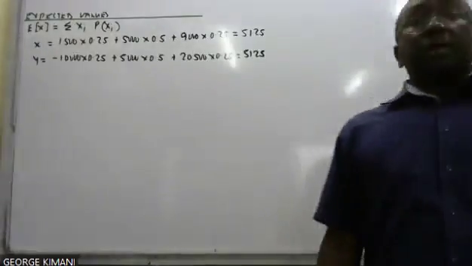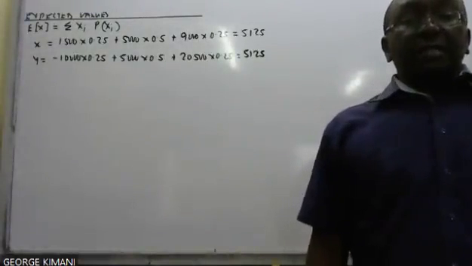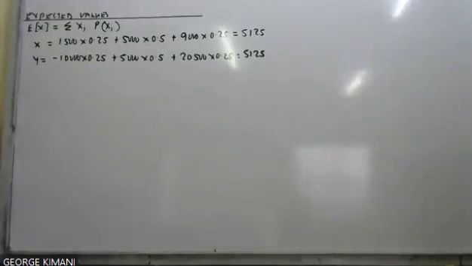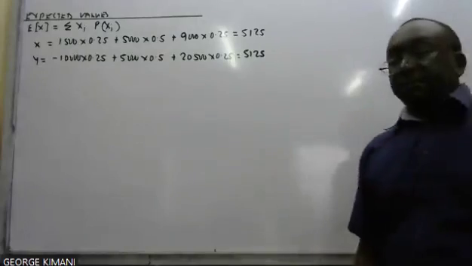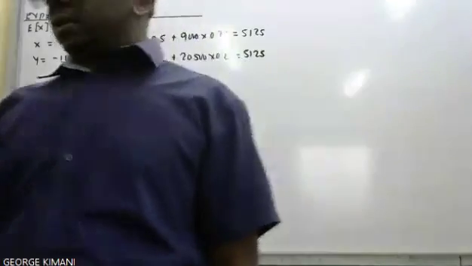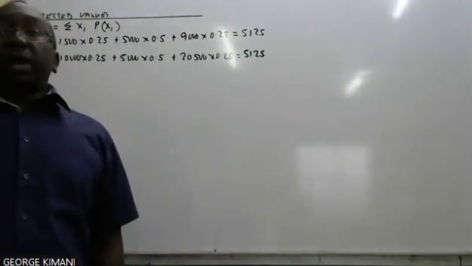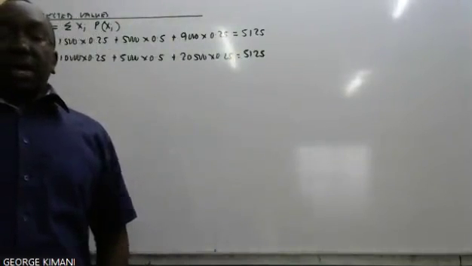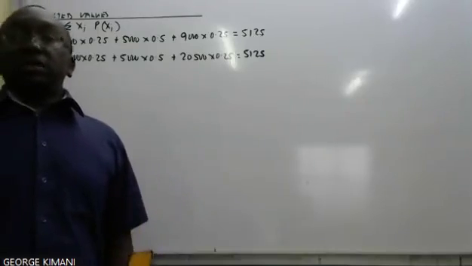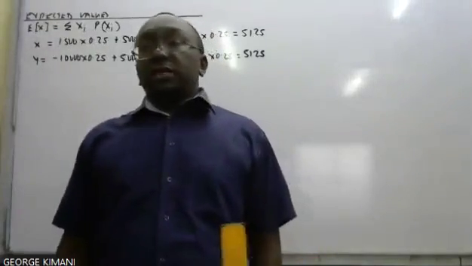Write this: the expected values present a point of indifference. This is where all the options are equally good.